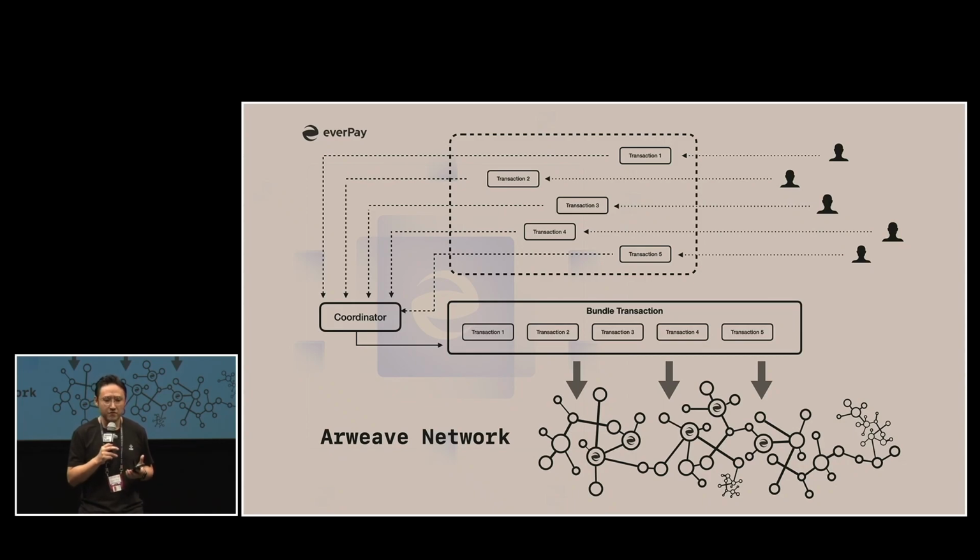That's because Arweave is a network that focuses on decentralized and permanent storage, which can provide trustless consensus for stored data. That means when we store data on Arweave, nobody can tamper with it and nobody can delete it. So it is trustless consensus.